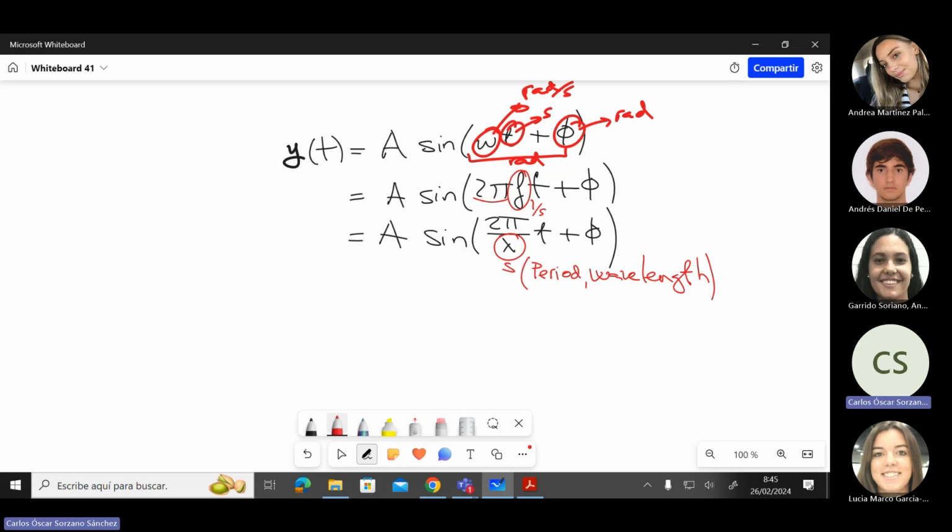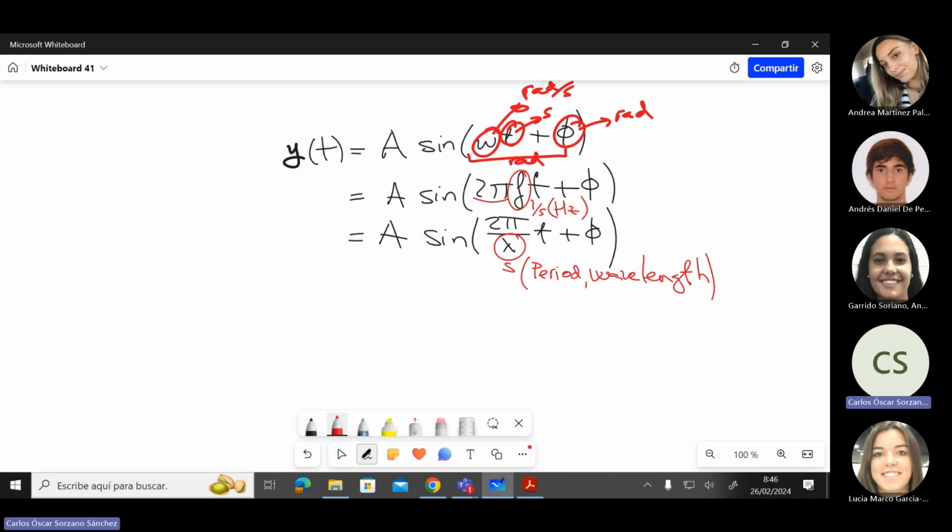This one, 1/s, is the same as hertz. And this is frequency, this is frequency. These two are frequency variables. This lambda is a period or it is a wavelength.